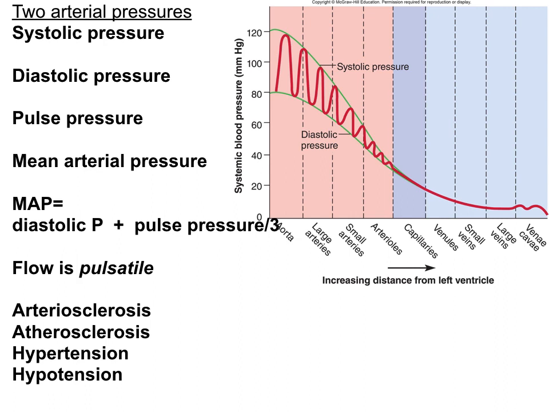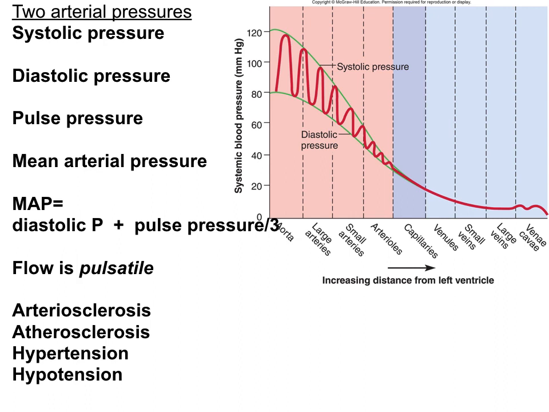The higher pressure is called a systolic pressure, and this is the pressure within the vessels that occurs during ventricular systole. The diastolic pressure is the lower pressure, and this is the pressure in your arteries during ventricular diastole. Remember, during ventricular diastole, blood is not ejected from the heart, but pressure is maintained by the elastic recoil of the elastic arteries.